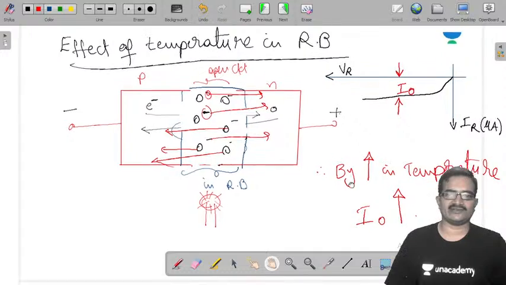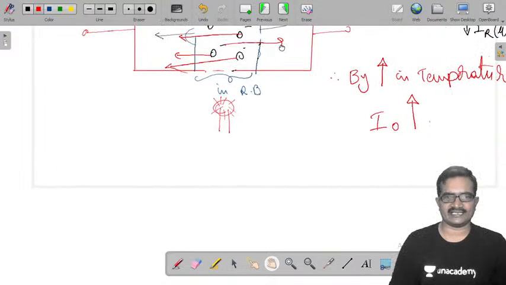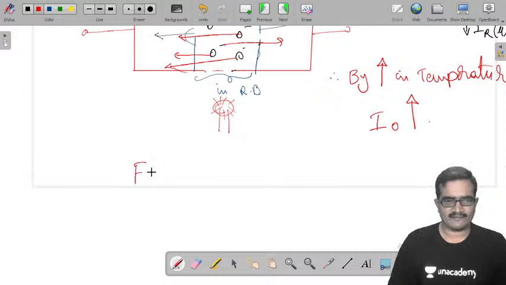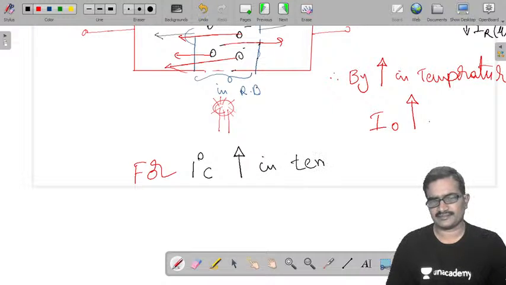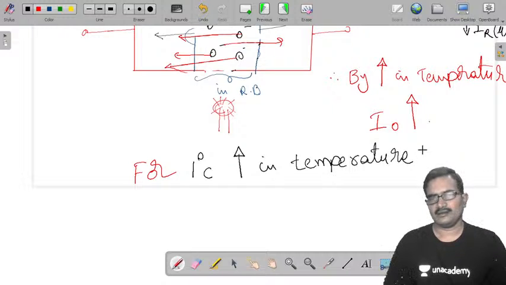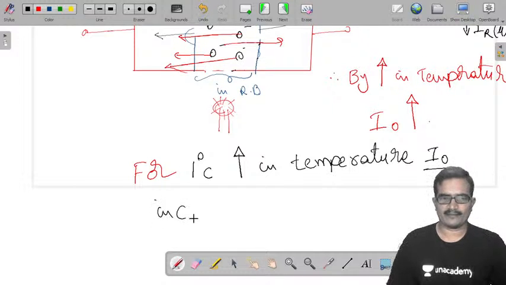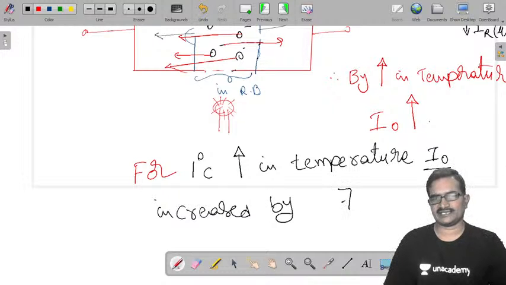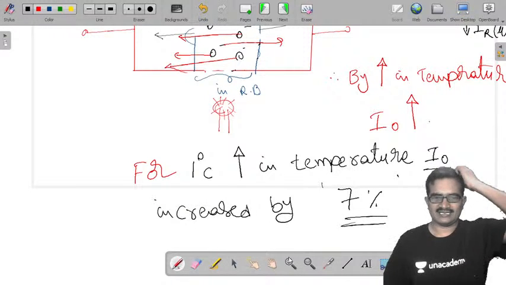Now how much it is going to be increasing is, for every 1 degree centigrade rise in temperature, I naught increases by 7%.